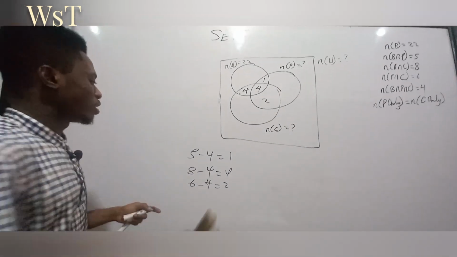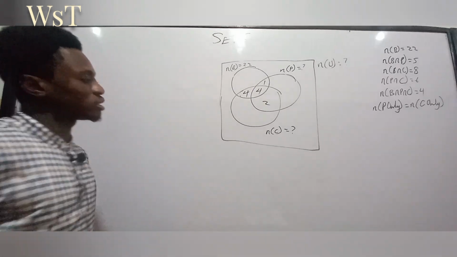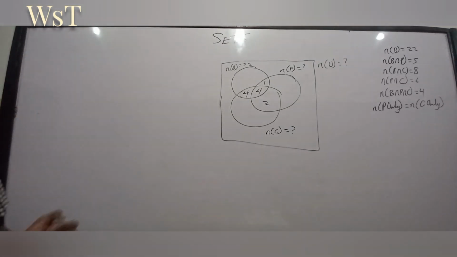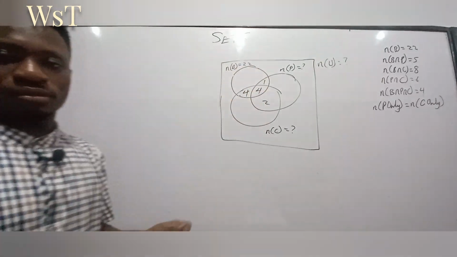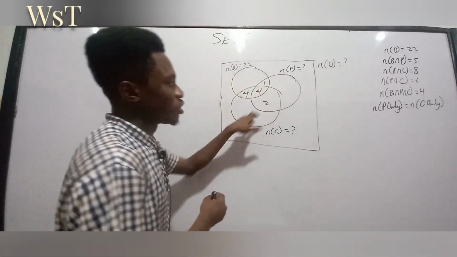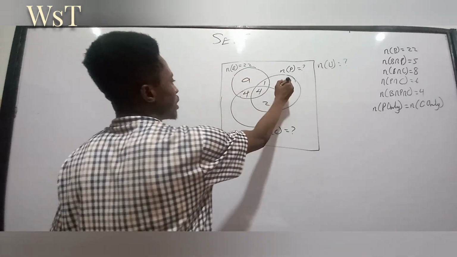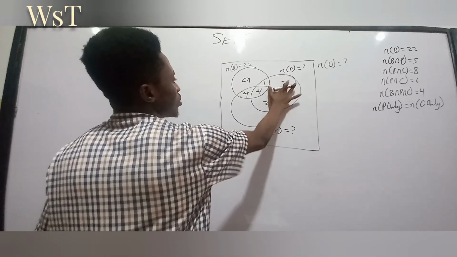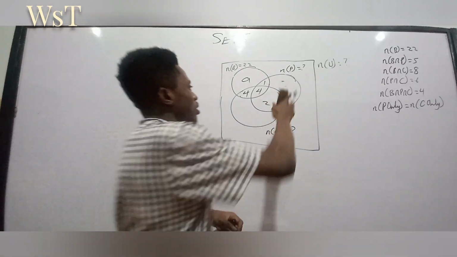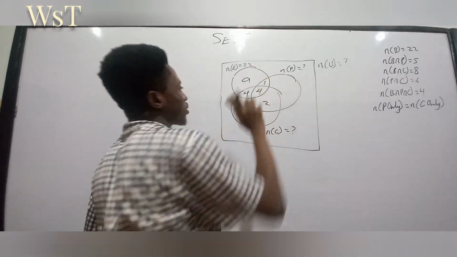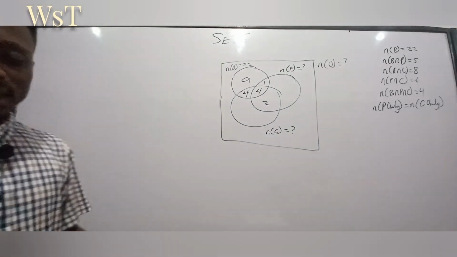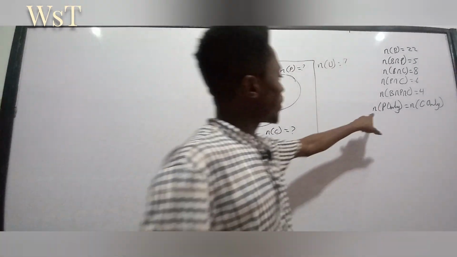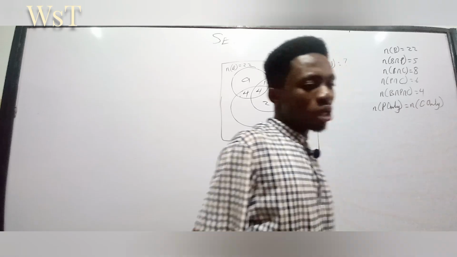Okay, so let me wipe these ones first. We are done with them. So now we don't know the only one subject here, so we denote A, B. Good. They said that only physics is equal to only chemistry.